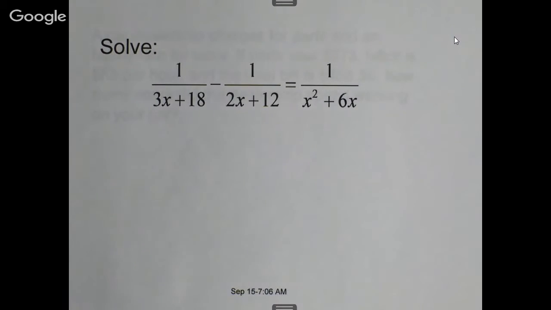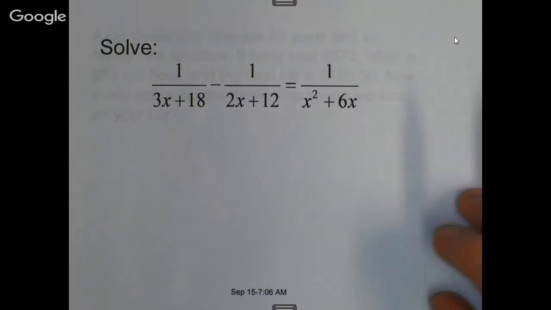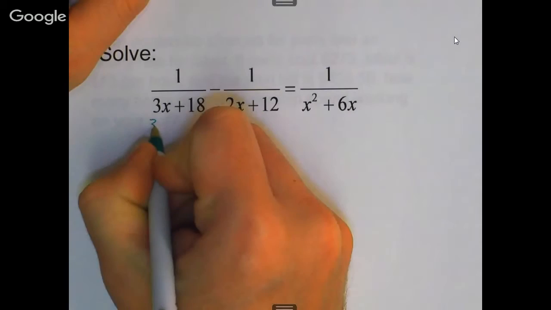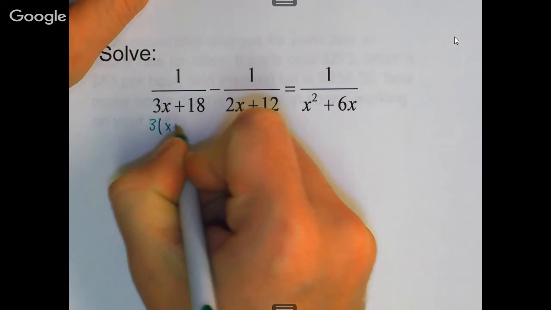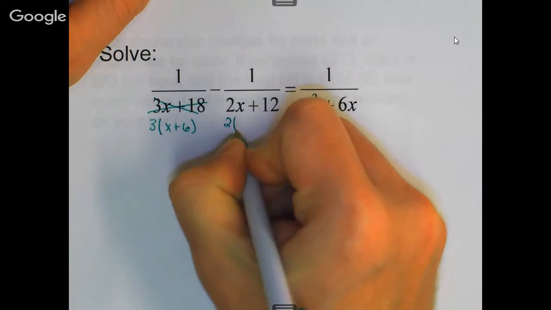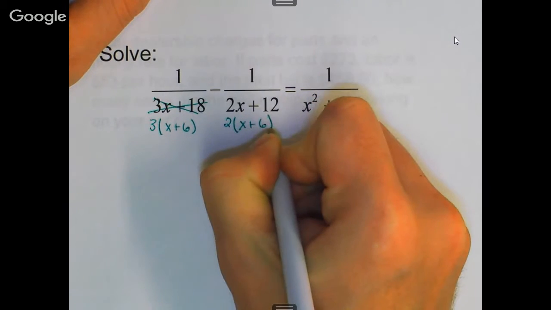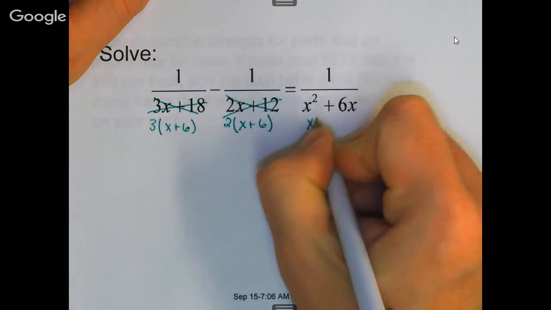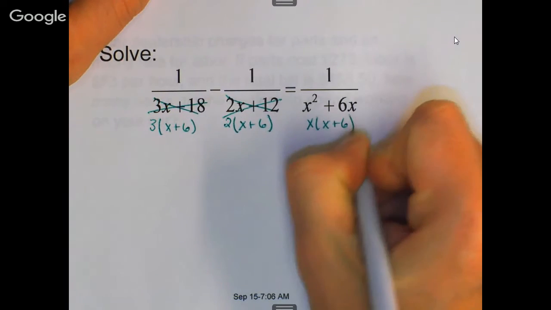All right, so looking at a little more difficult problem, the first thing I want to do is go through and factor everything out. So let's factor out 3, so you get x plus 6. Factor out a 2, you get x plus 6. Factor out an x, you get x plus 6.